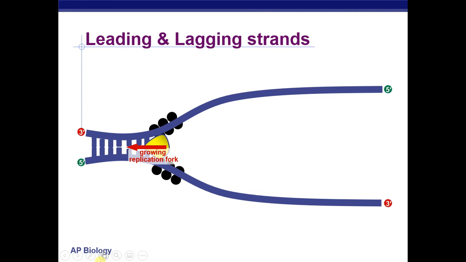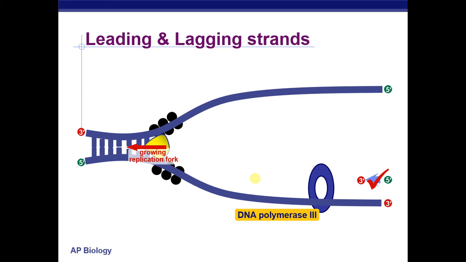Our antiparallel nature, see the strands coming apart. Here are our single-stranded binding proteins in the black. And here's DNA polymerase working this way, from 5' to 3', adding to the 3' end. DNA polymerase can only work in a 5' to 3' direction.